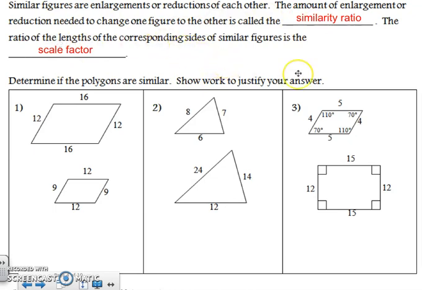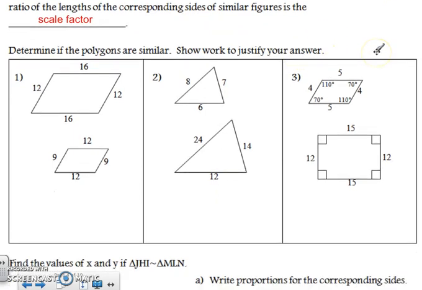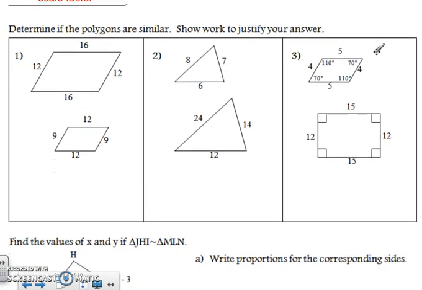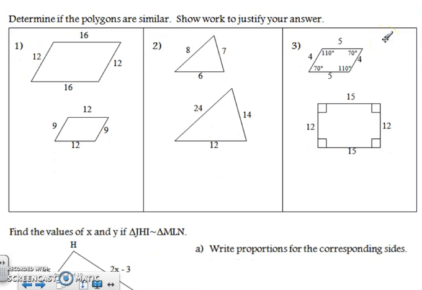Okay, so determine if the polygons are similar and show work to justify your answer. Okay, so these look like the same shape, so far so good, but now I need to make sure that they're in the same proportion. So to do that, let me check this left side because this side obviously should be the same.